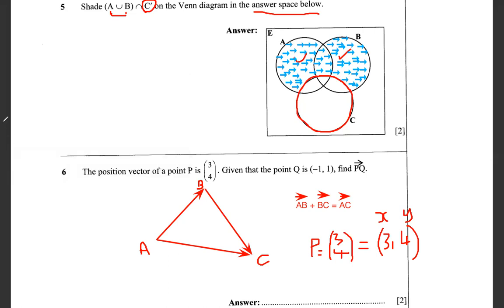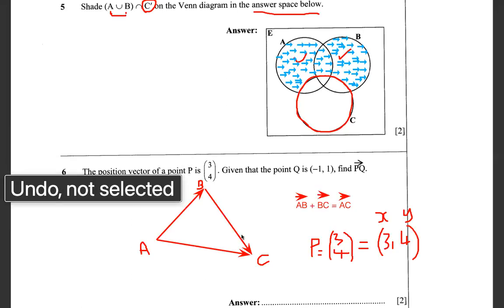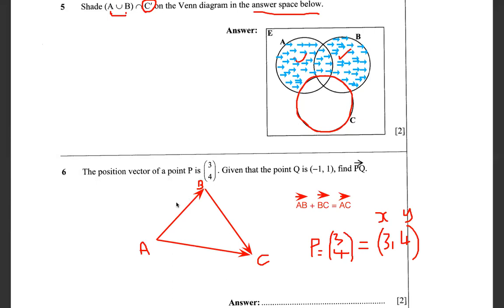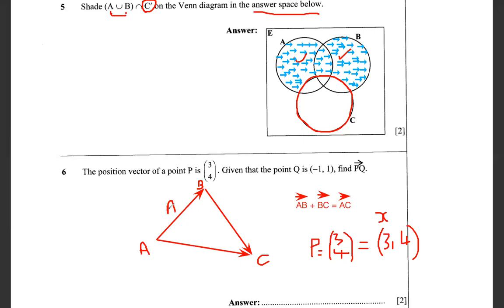So the principle here is this. When we say PQ, maybe before I even wrap that, let me use this. So let's say from A going to B, let's say this is A. And from B going to C, this is B. And from A going to C, this is C. So what does it mean?